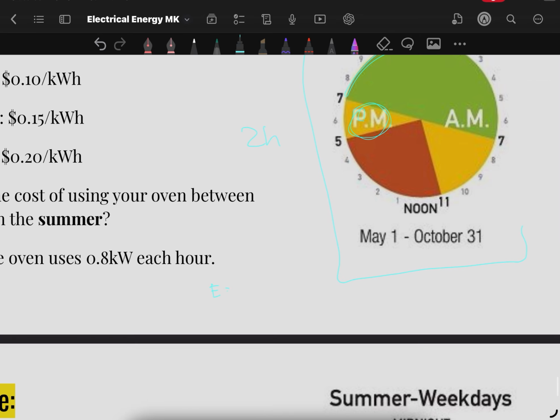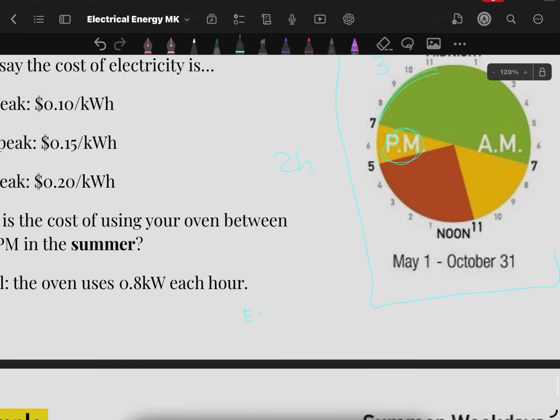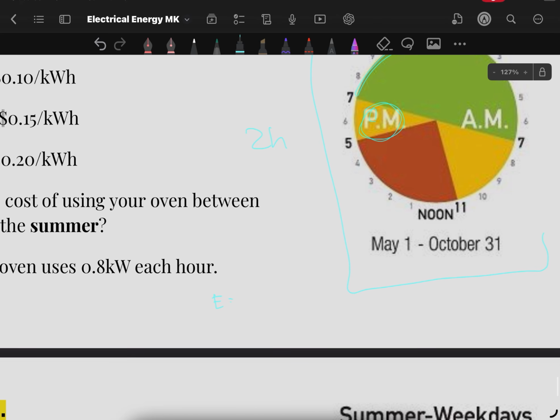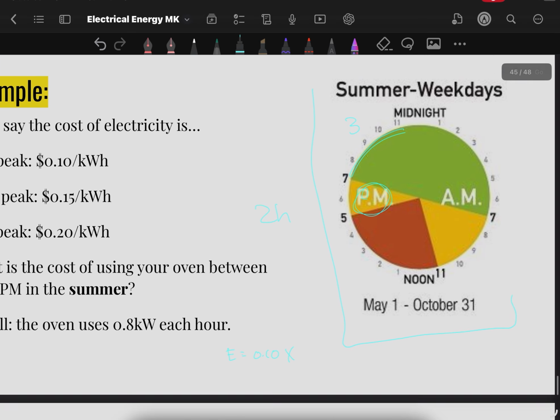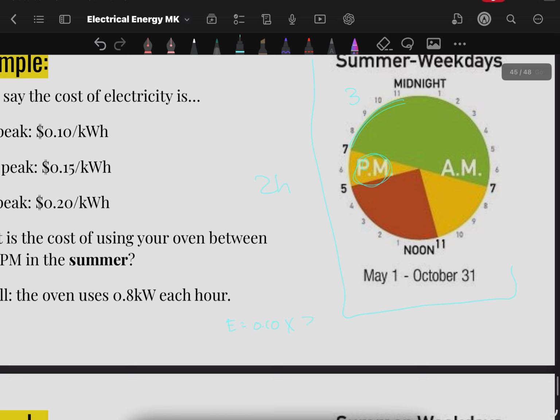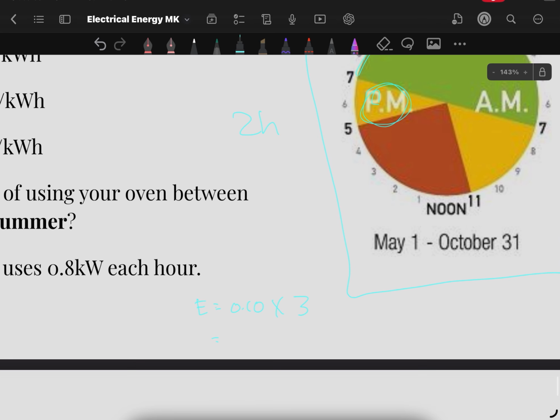Yeah, so you would essentially do that. Since off-peak is 0.10, this would be energy equals 0.10 multiplied by the amount of hours, which would be 3. And if you don't know, 0.1 times 3 is 0.3.